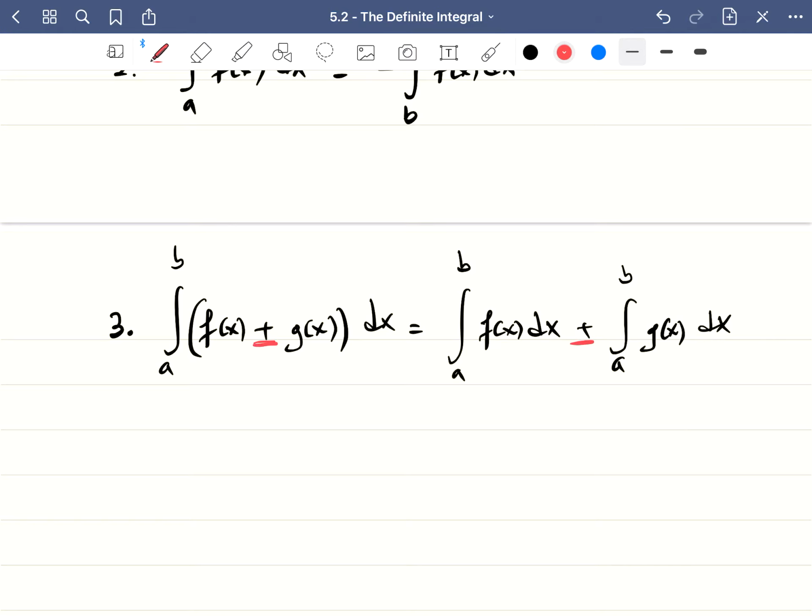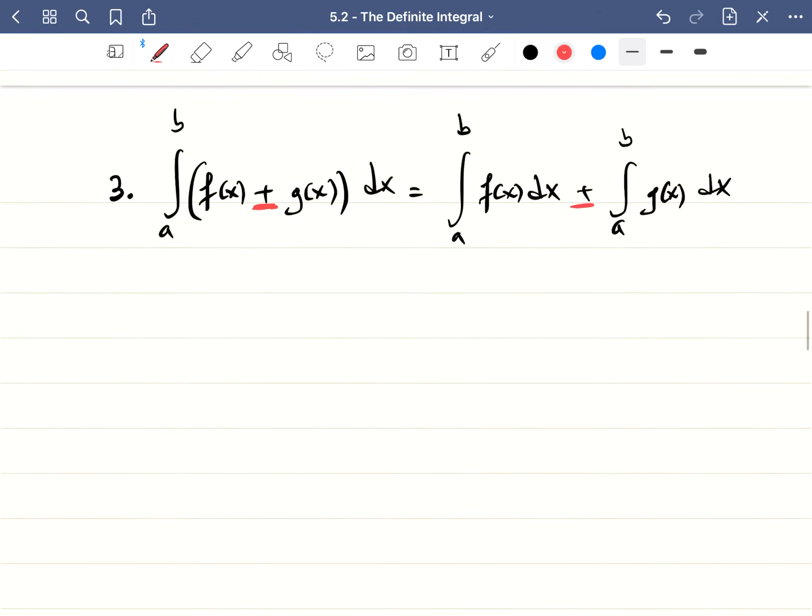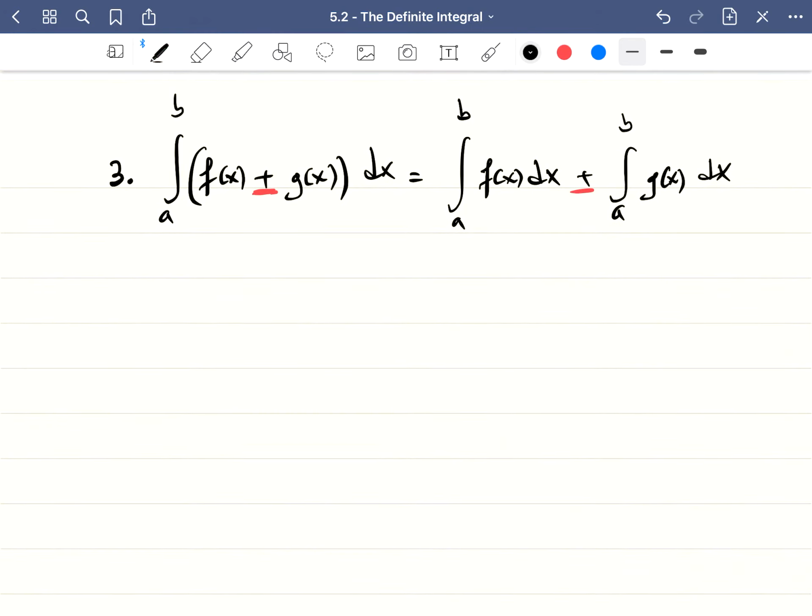So the integral of a difference is the difference of the integrals, and the integral of a sum is the sum of the integrals. Number 4, if you take the integral from a to b of a constant c times the function f, you can always pull this constant in front of the integral. So this is equal to c times the integral from a to b of f of x dx.